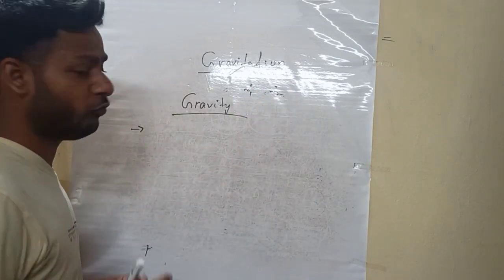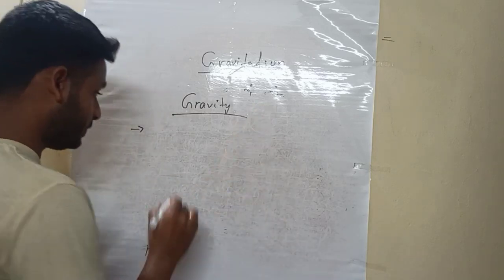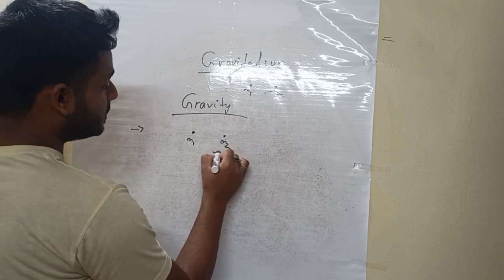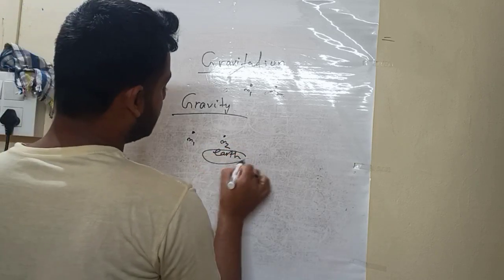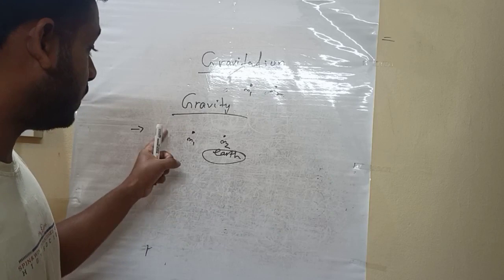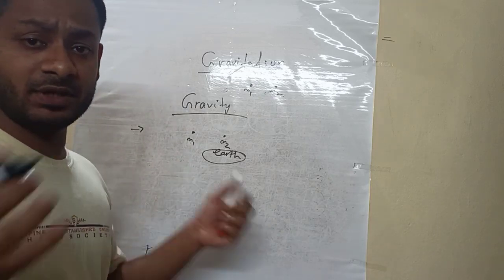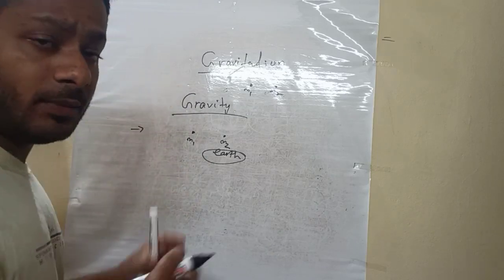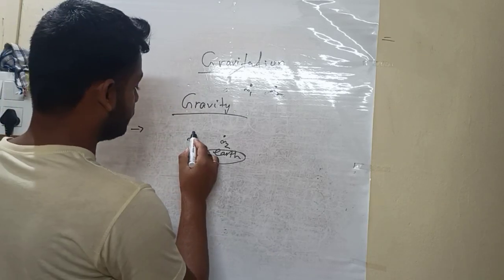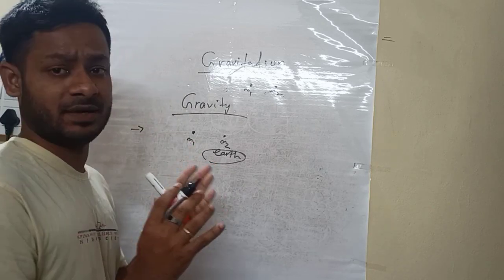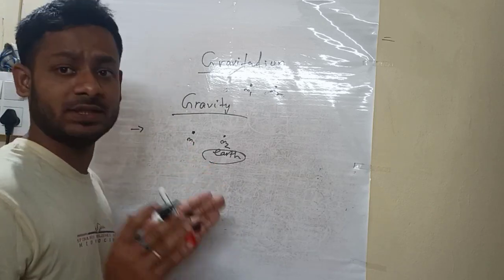But in gravity, one mass is the earth. This is m1, this is m2. m2 is the earth, or any surface is the earth. The other object is any body: this pen, this pencil, this camera, this dust, everything. So gravity is a special case of gravitation where one body is the earth.